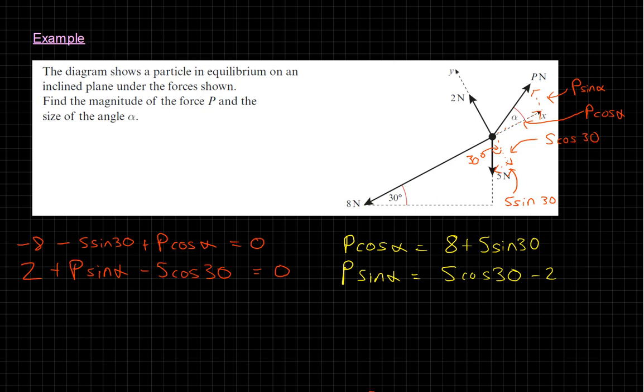Now let's already do it at this stage. 8 plus 5 sine 30, that's 8 plus 5 over 2. I'm getting my calculator out, not for 8 plus 5 over 2, but for the second one as well, and also just to double check. 8 plus 5 over 2, 10.5. And 5 cos 30 minus 2. I'm just being a bit lazy. We could work this out using surds, but that is minus 4. No, let's write it as a decimal.